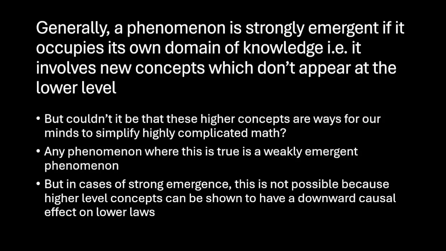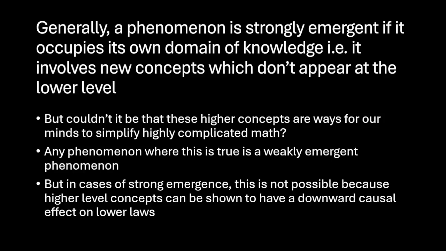Because if we approached biology from the physics perspective, our calculations would become monstrous and enormous, and we would require a huge computer and huge computing power to do the math which governs a living system. So maybe these concepts are just a way for us to simplify things. Anytime this appears to be true, we can say that the phenomenon is weakly emergent with respect to fundamental physics. But in cases of strong emergence, this is not possible.